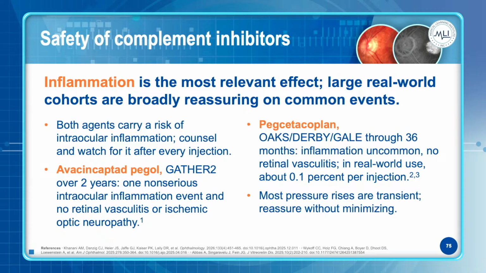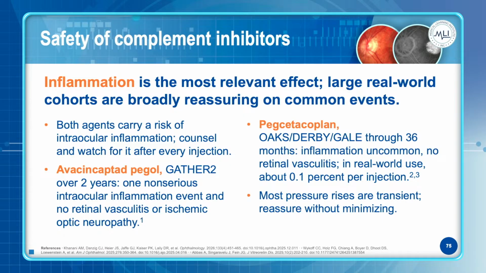Obviously, safety is something we have to discuss because these are intravitreal injections. They carry the risk of infection, and of course, the risk of inflammation. Luckily, in both programs, the risk of inflammation is minimal. In Gather 2, we only had one non-serious inflammation.